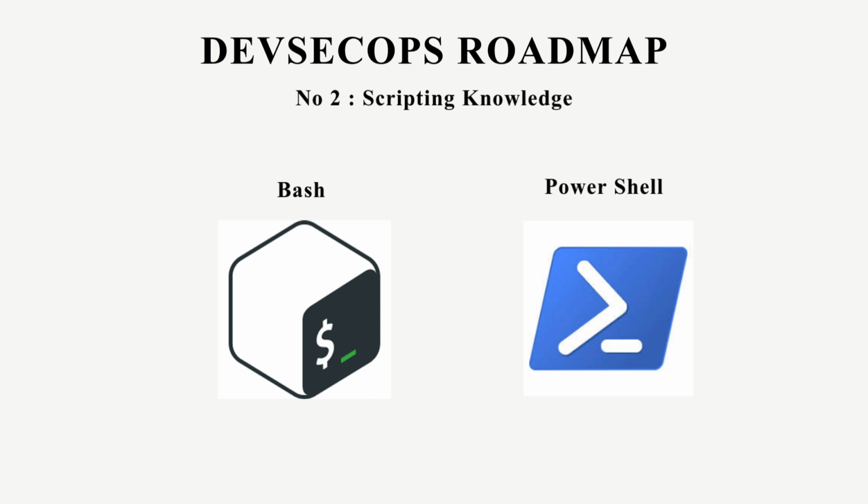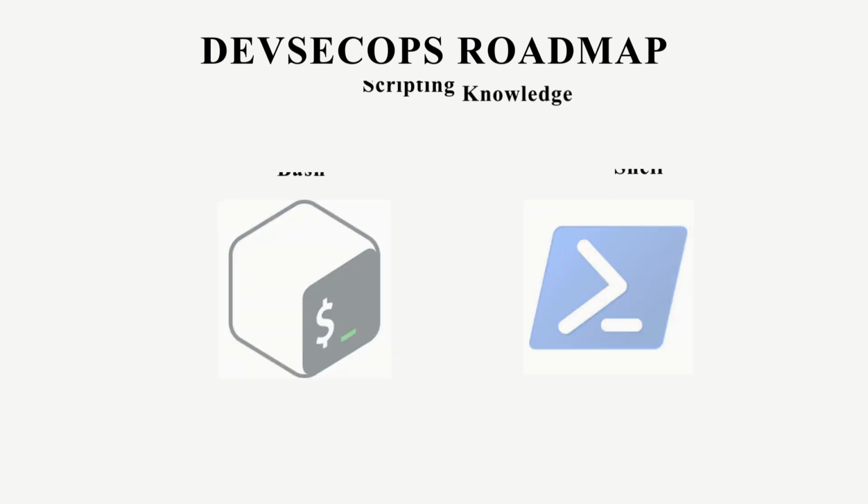PowerShell is commonly used in Windows environments and enterprise systems. Security engineers often write scripts to automate tasks such as patch management, system hardening, and log configuration. If you want to work in DevSecOps, automation skill is essential.